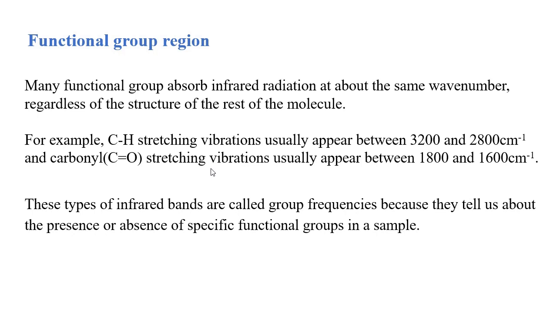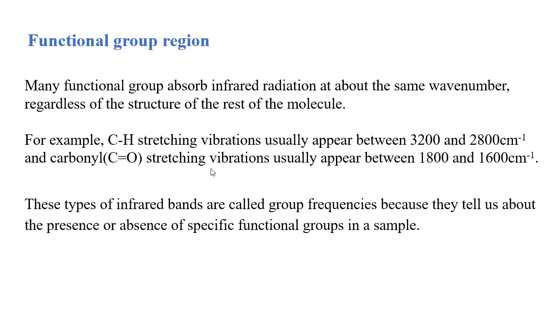Similarly, a particular functional group absorbs at the same wave number in any organic compound, regardless of the rest of the groups present in the compound. Thus, we can identify the functional group by noting the position of the band appearing in the functional group region.